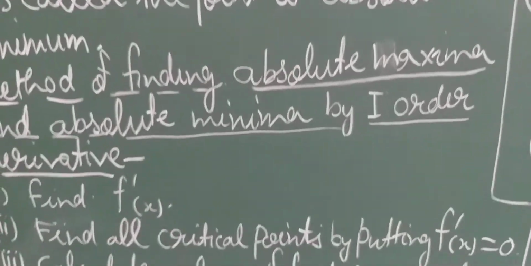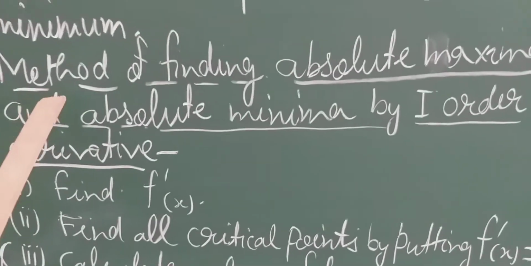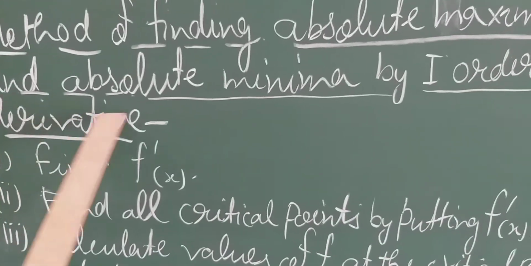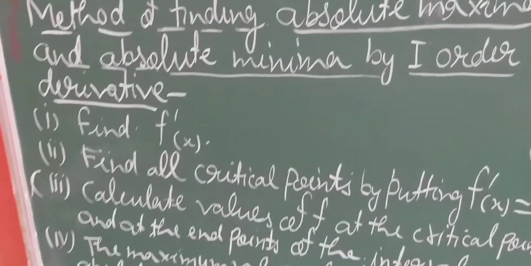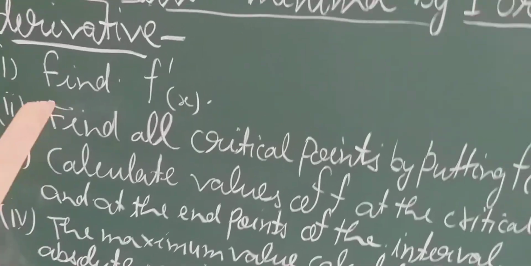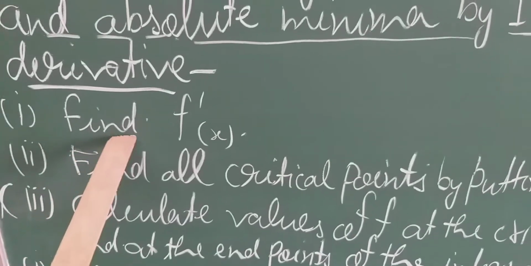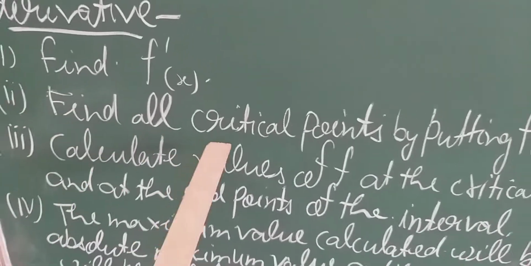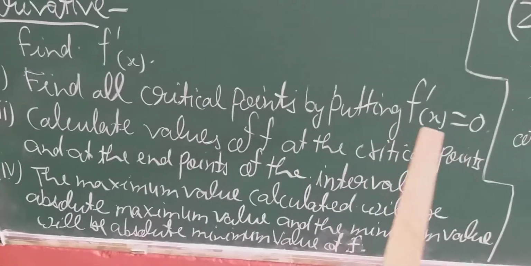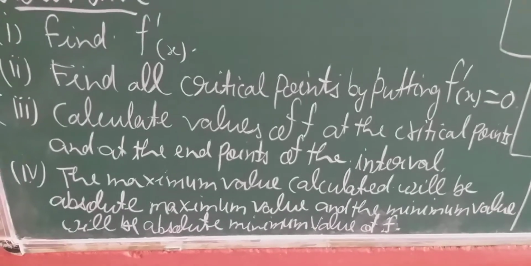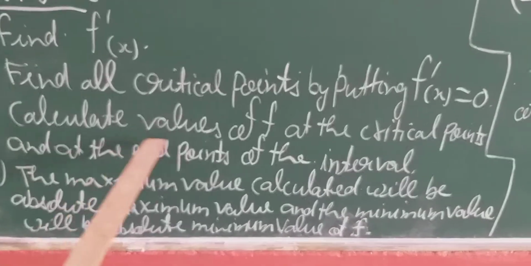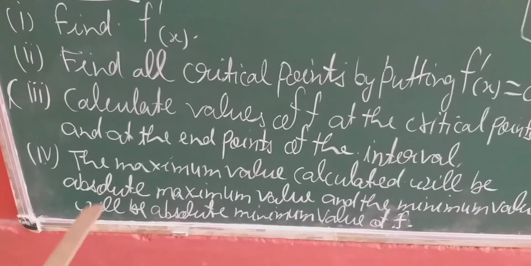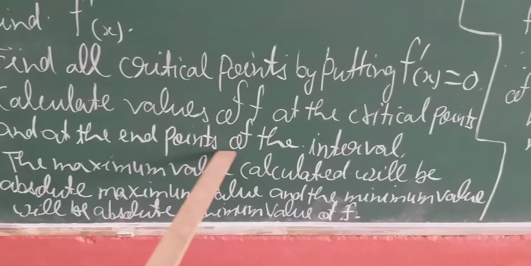Okay students, so the method of finding absolute maximum and absolute minimum value. First of all we will find the first order derivative, then find all critical points by putting f'(x) equals 0, then calculate values of f at the critical points and at the end points of the interval.